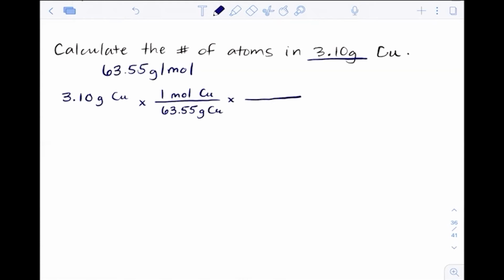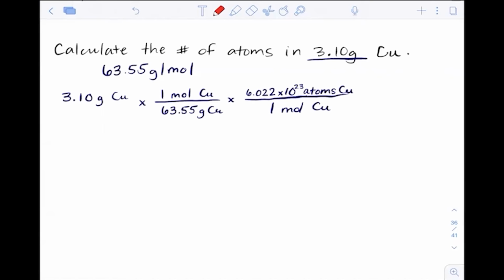I can keep going with my conversion factors here. I want to get to particles or atoms, so 6.022 times 10 to the 23rd atoms of copper, Cu, over 1 mole of copper. Notice how, again, as chemists, we like to abbreviate.